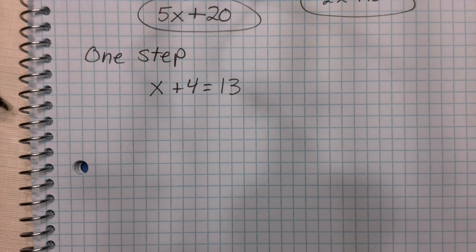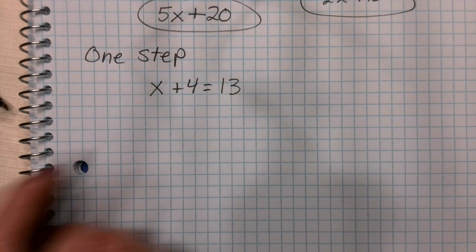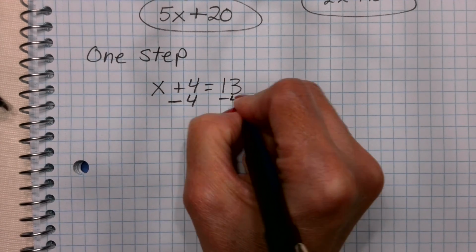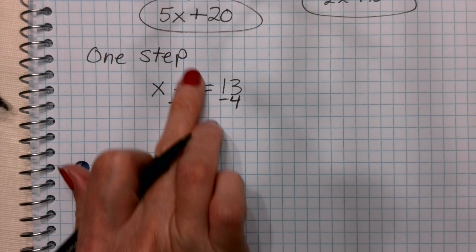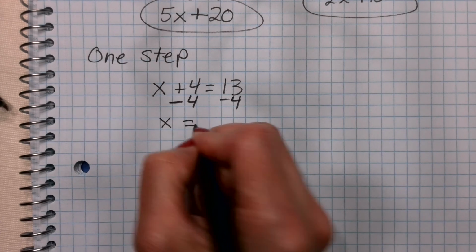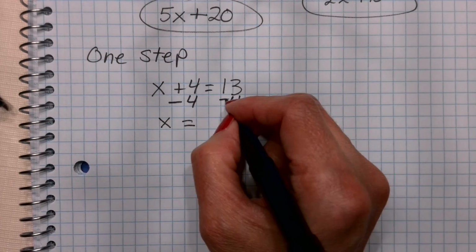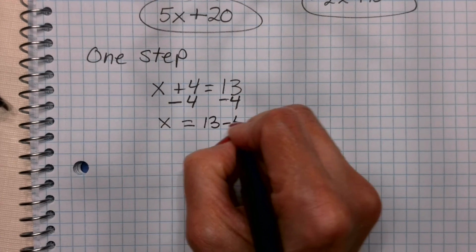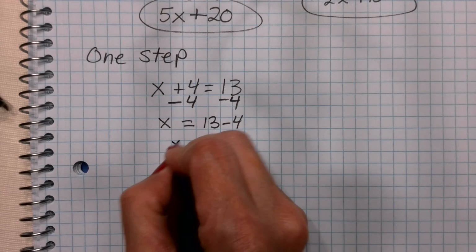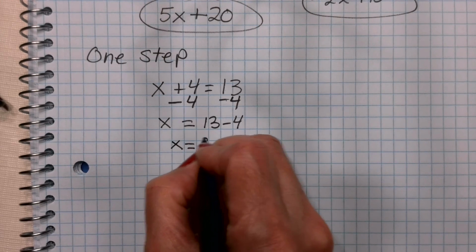So to do that, I'm going to use inverse operations, and instead of adding 4, I'm going to take away 4 from both sides, because I want this to be a 0. So then I'm going to get x is equal to 13 take away 4. I can combine these. These are like terms. I can combine them. And so I'm going to get x is equal to 9.